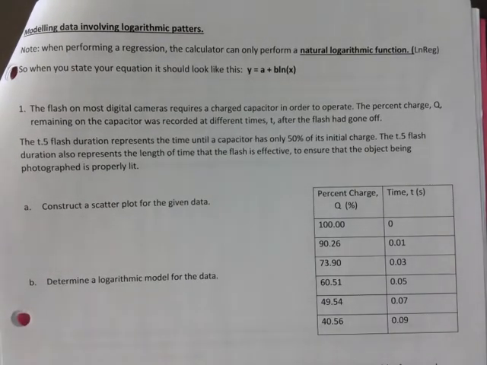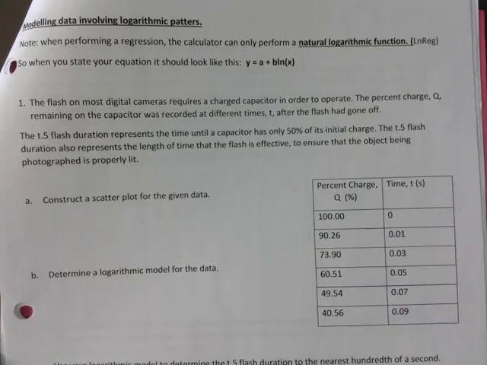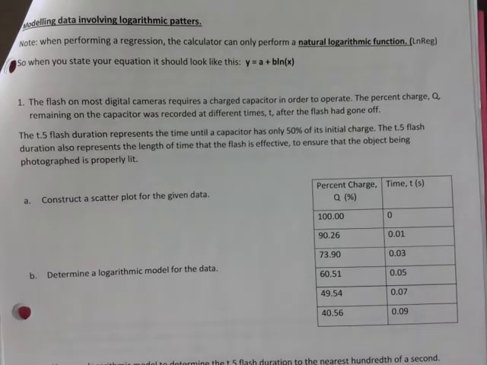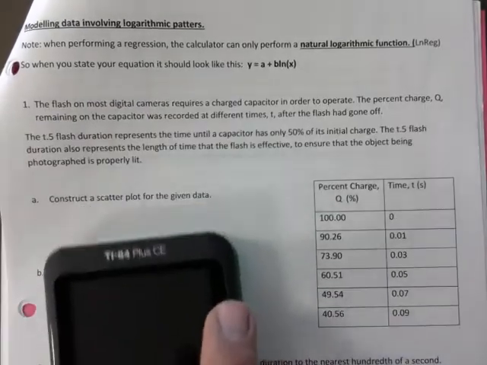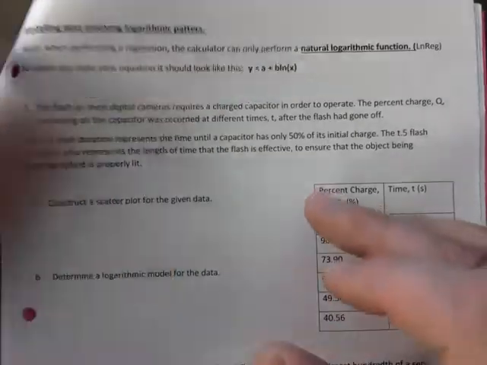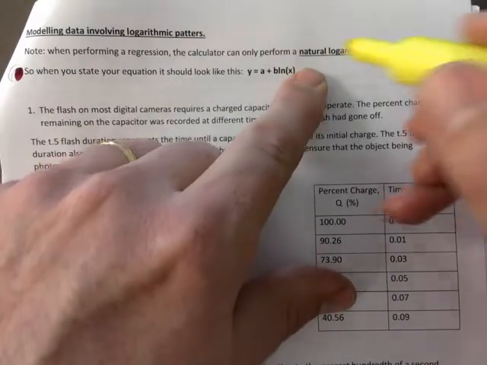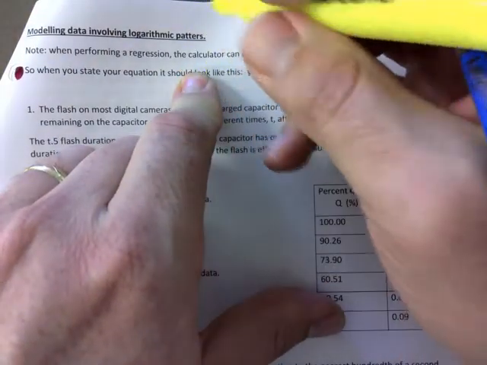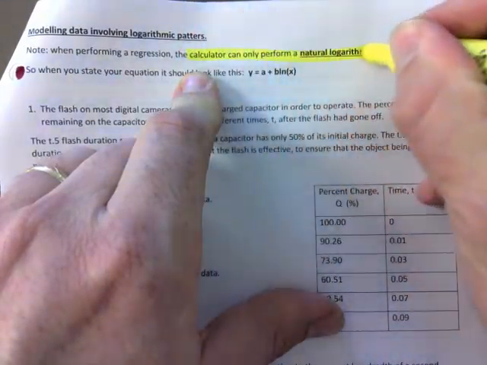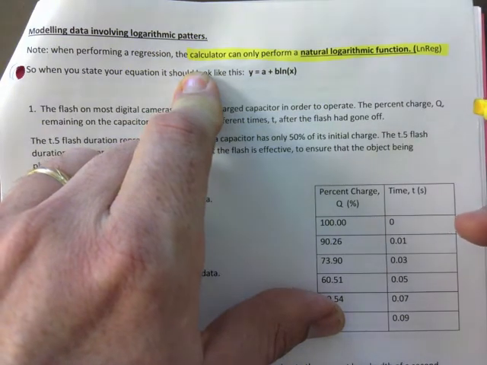Okay, so let's go to page 49. I just need to give you one example, and then you should be able to work this out, because it's really just one step back from word problems, where you get the equation. In this case, I just need you to remember that the calculator can only perform natural log regressions.